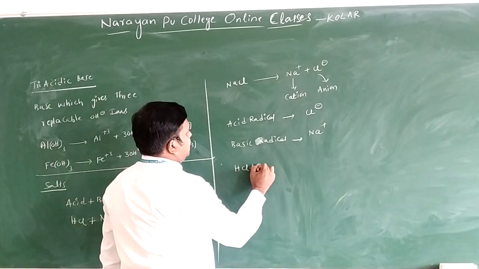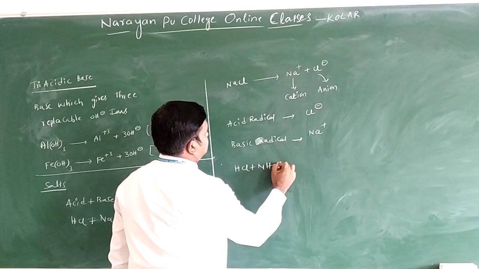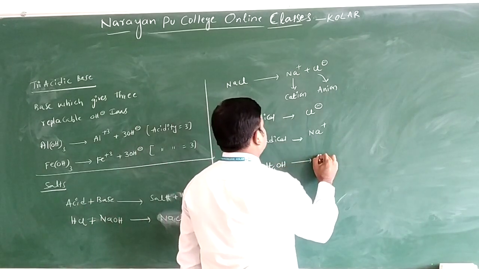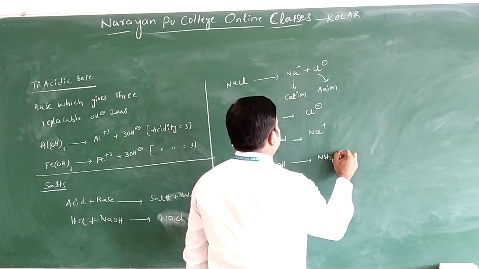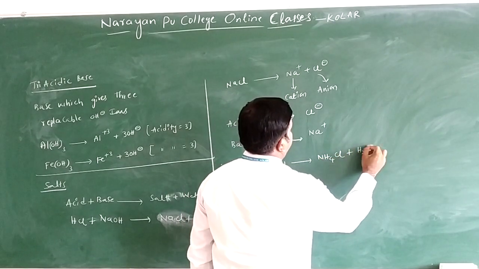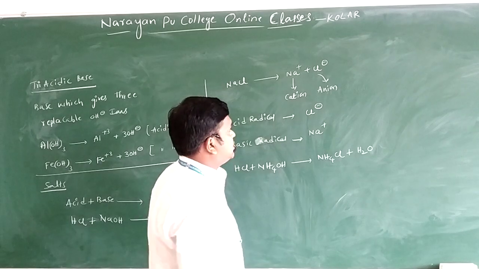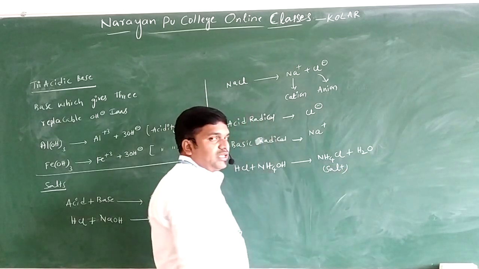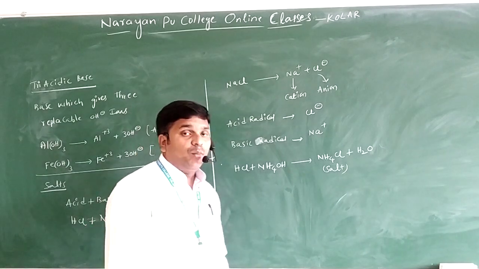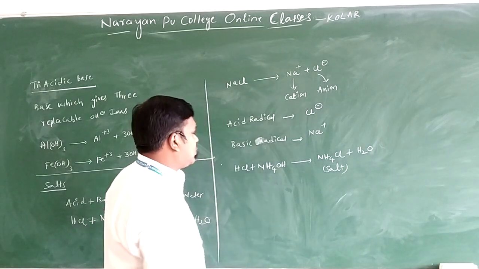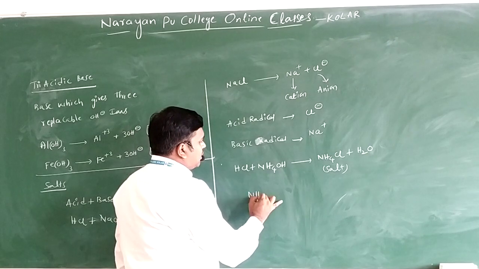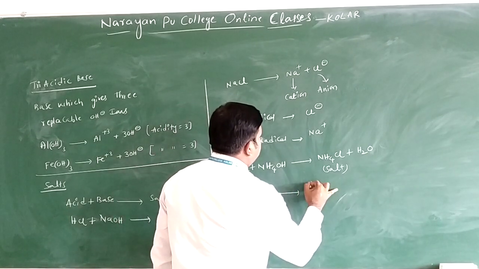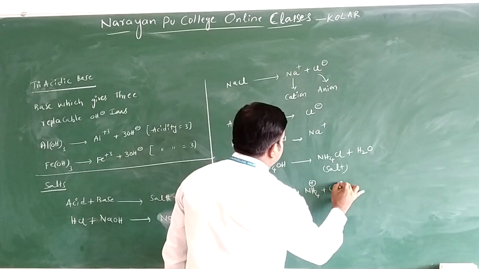Let us see one more example. HCl plus NH4OH gives rise to NH4Cl plus H2O. This NH4Cl we call a salt. What is the name of the salt? It is ammonium chloride. This ammonium chloride dissociates to give NH4 plus and Cl minus.